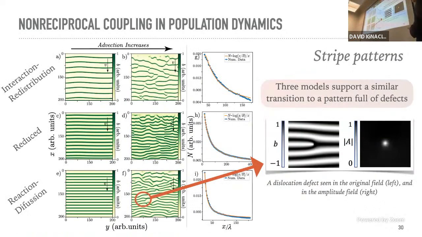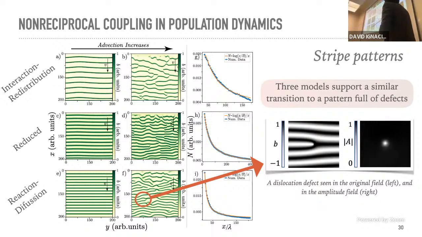So what happens is that in all of these three models, the interaction redistribution, the reduced model that I derived, and also the reaction diffusion model that I picked from the literature, we observed that when we start to increase the non-reciprocity, which we also call here the advection transport of other variables, there is a relation between these two terms.